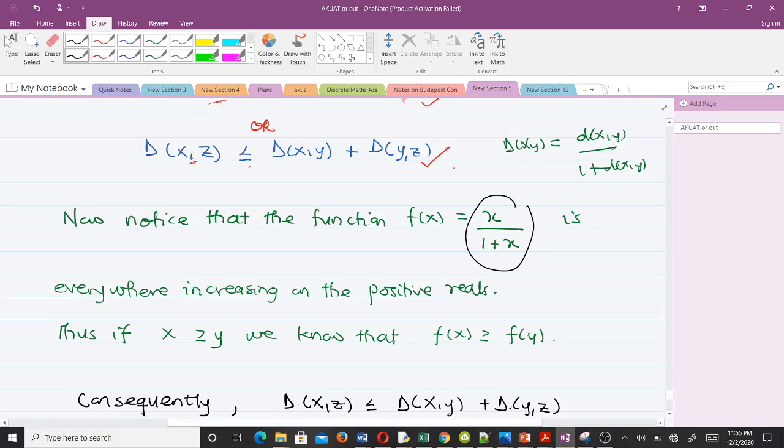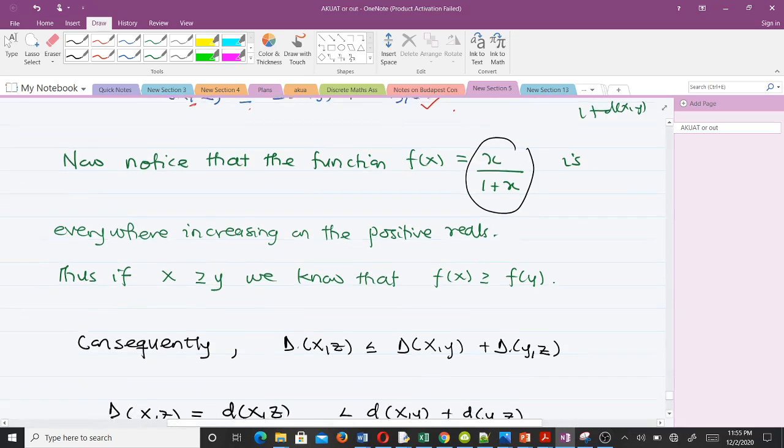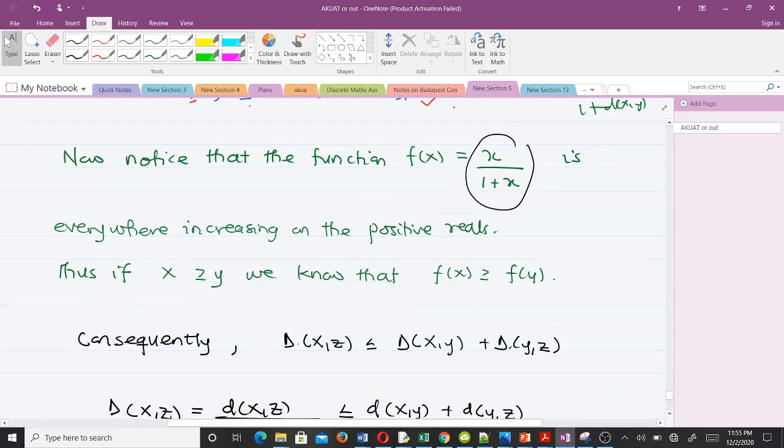And you realize that this particular function is everywhere increasing on the positive reals, or it is monotonically increasing, right? So it means that if x is greater than or equal to y, then the function f of x will also be greater than or equal to f of y.